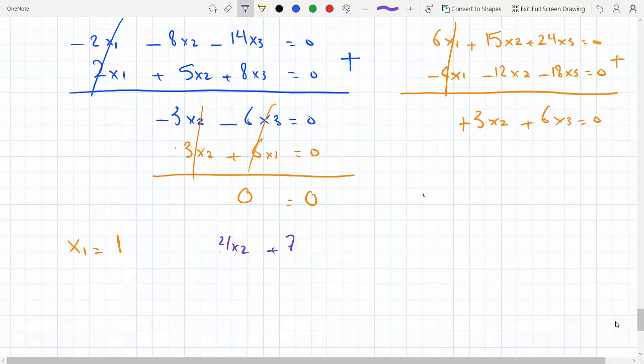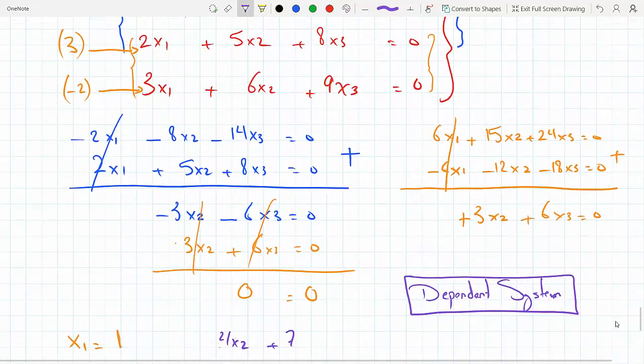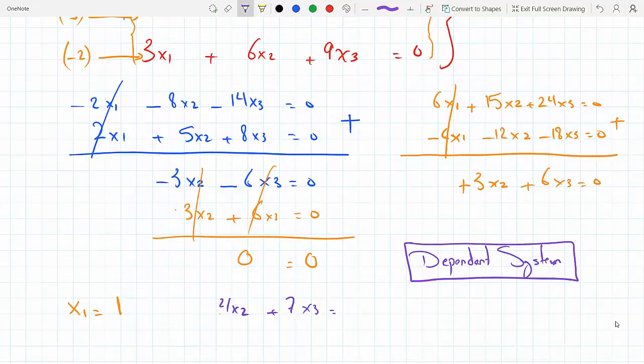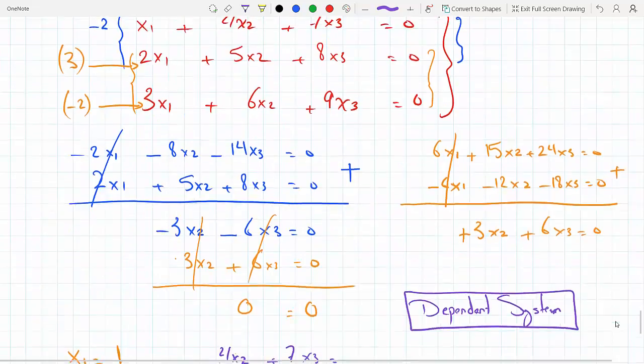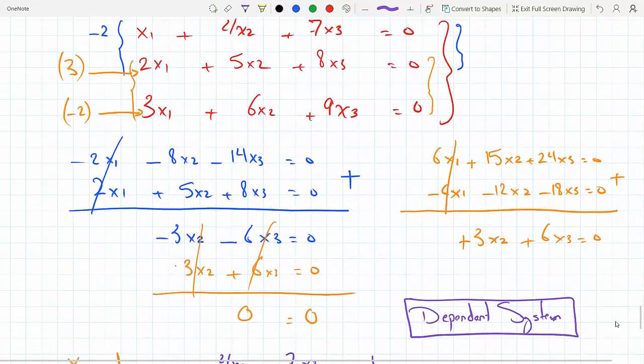So here I conclude that this is a dependent system, meaning there's an infinite amount of solutions. Okay, so 4x2 plus 7x3 would equal minus x1, which is minus 1.